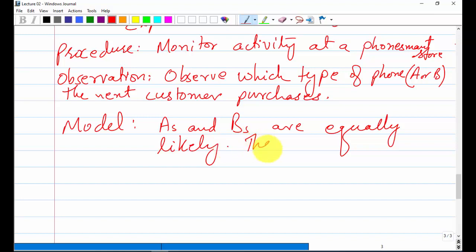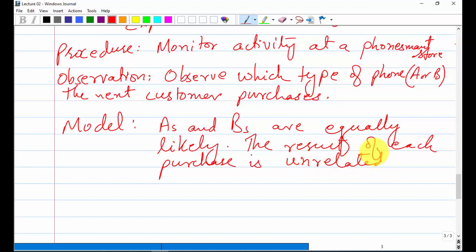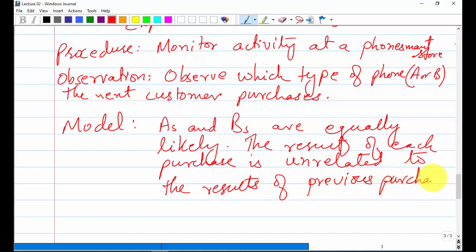The result of each purchase is unrelated to the results of previous purchases.